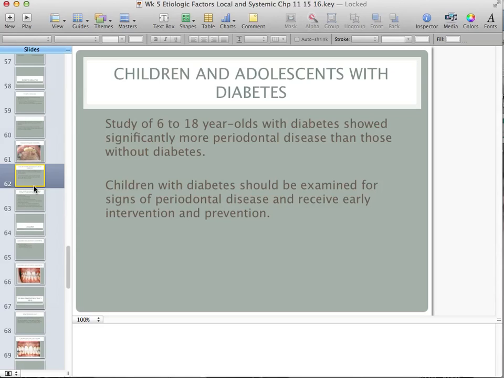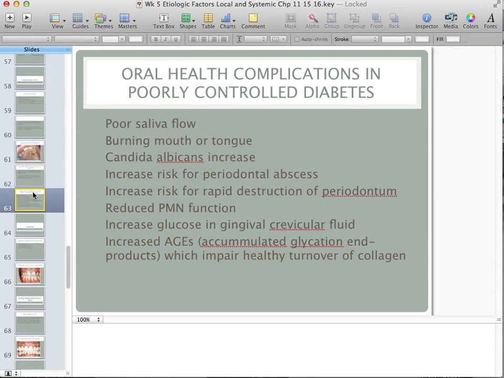So this is why it's important that children with diabetes should be screened for perio. And if they do have perio, they need to receive early intervention and prevention to help save their tissues and bone loss and stuff like that. Bone structure, sorry. All right.